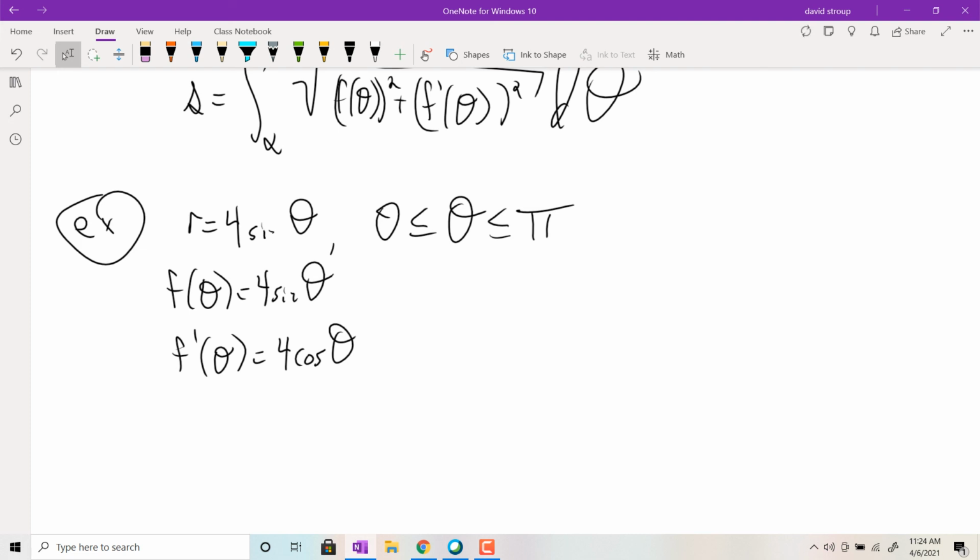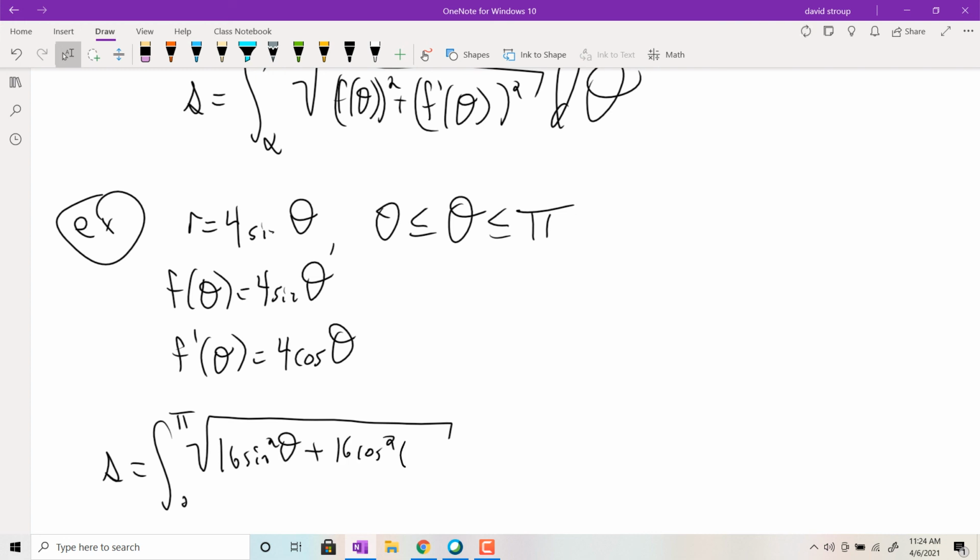And so it should be fairly simple. Throw it into our integral from 0 to pi, and we have square root of 16 sine squared theta plus 16 cosine squared theta.